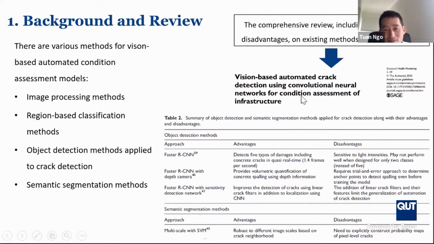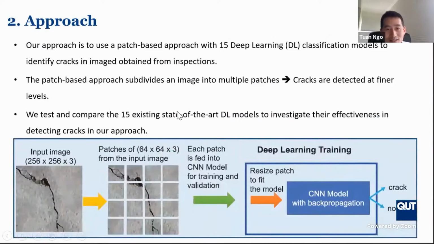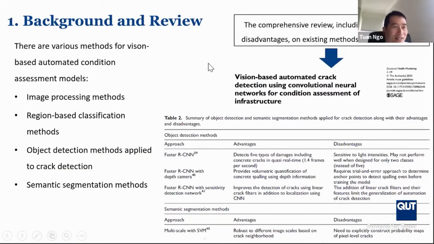This work is part of work internally funded at our university, and we published a paper in the Journal of Structural Health Monitoring recently on vision-based automated crack detection. In this paper, we listed all the different methods and looked at their advantages and disadvantages. Of course, CNN is one of the most popular methods here, but we are also looking at some other methods as well.